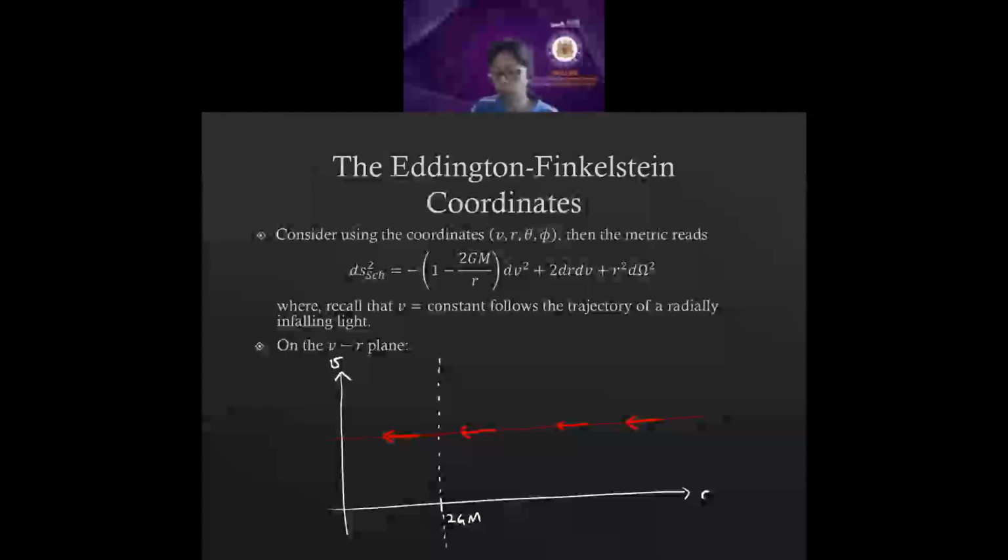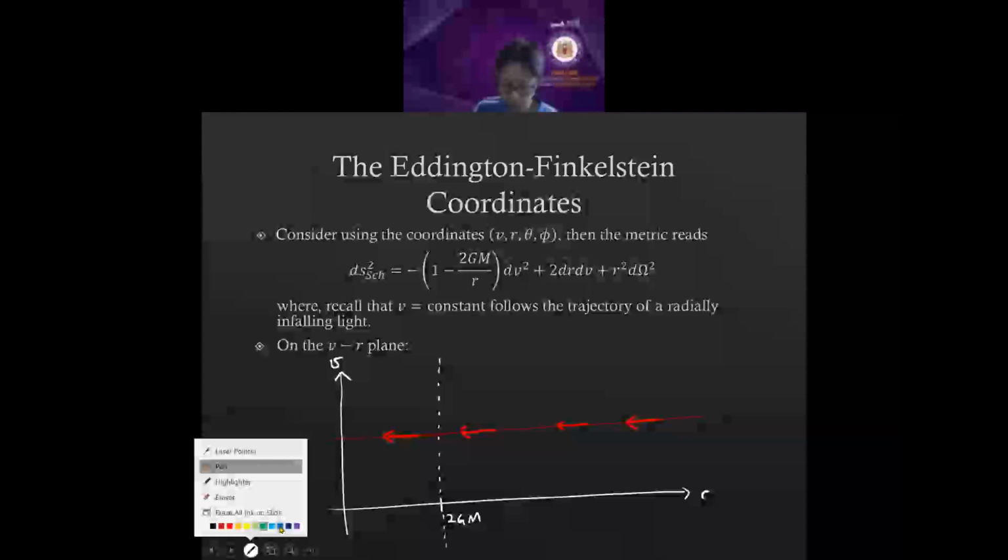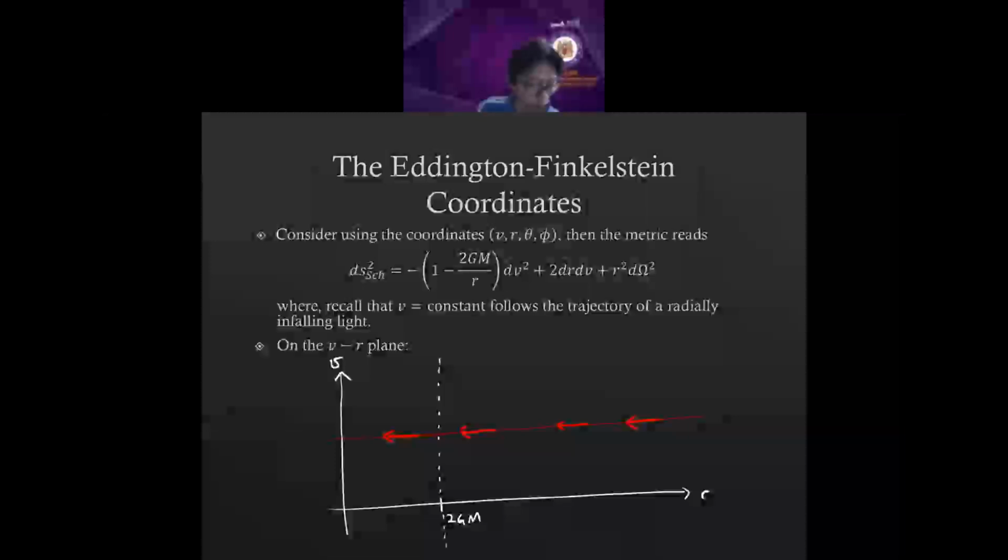What we can do is take note that v is related to u in this way.